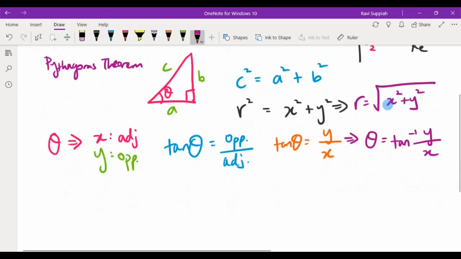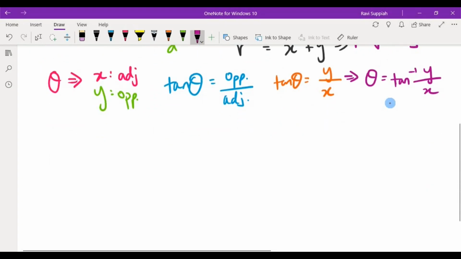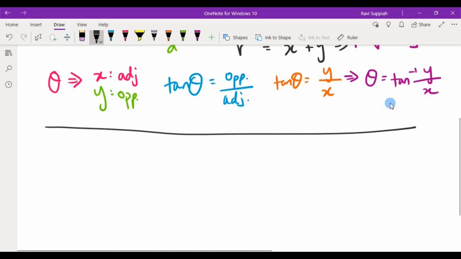Now, let's look at an example and work it out. So this is the understanding part, now we're going to look at some examples. Let's say you're given 3 plus j2.